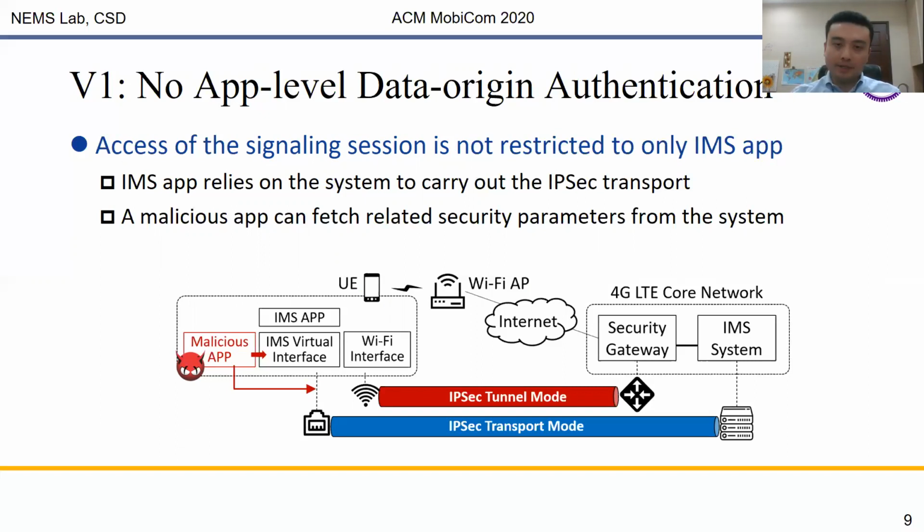Moreover, when the IMS application relies on the system to carry out the IPsec transport, a malicious application can fetch related security parameters from the system and fabricate valid IPsec packets. One thing to note is that if packets are correctly encapsulated by the IPsec transport, they can be sent to the core network through the IPsec tunnel by the system when the packets are sent to the Wi-Fi interface with the correct session information.